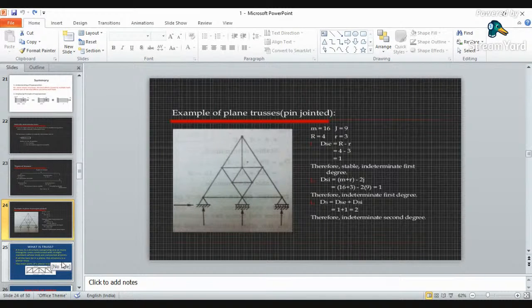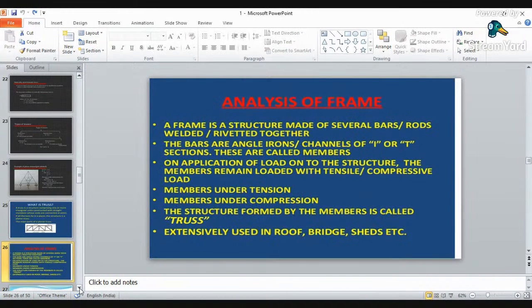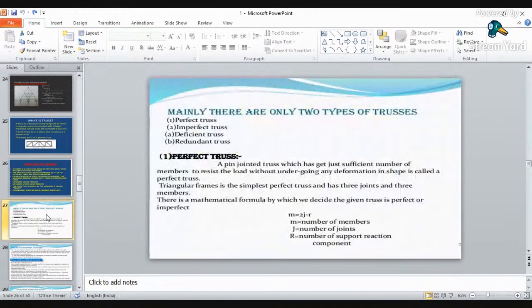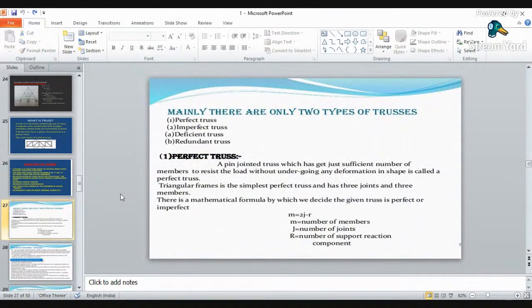I think everyone is now okay with determinate and indeterminate structures, or you have the basic idea regarding them. So we will go on to the types of trusses.